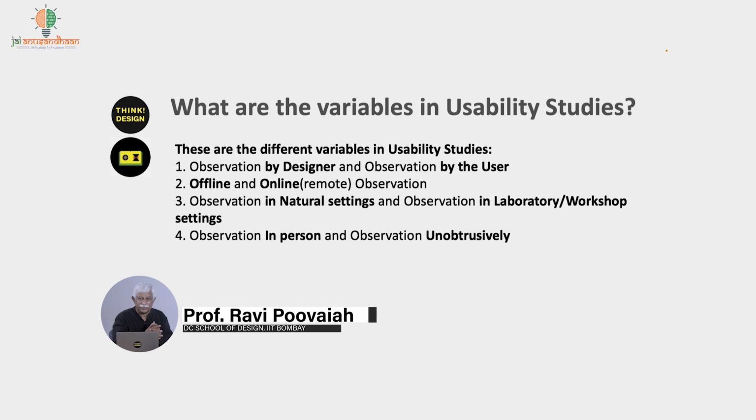Observations can be in natural settings, which is the ideal thing to do, or sometimes you might have to do it in a laboratory or a workshop setup. Observation can be in person or very unobtrusive, so that the person doesn't know that you are observing the user in action. These are different variables that you have while doing usability studies.